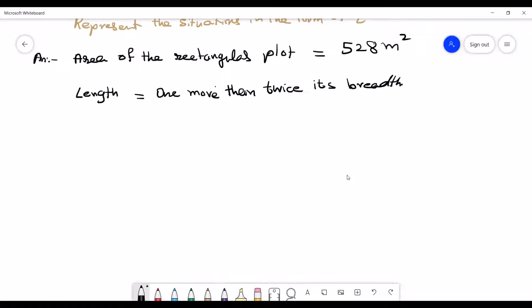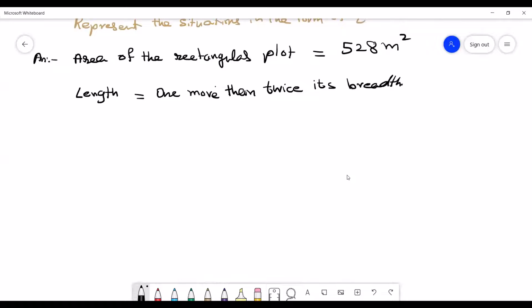We can introduce the variable representing length or breadth. That is the question. The length is given in terms of breadth, so it is better to take the variable representing breadth rather than length. Then the length we can represent in terms of the variable standing for breadth.